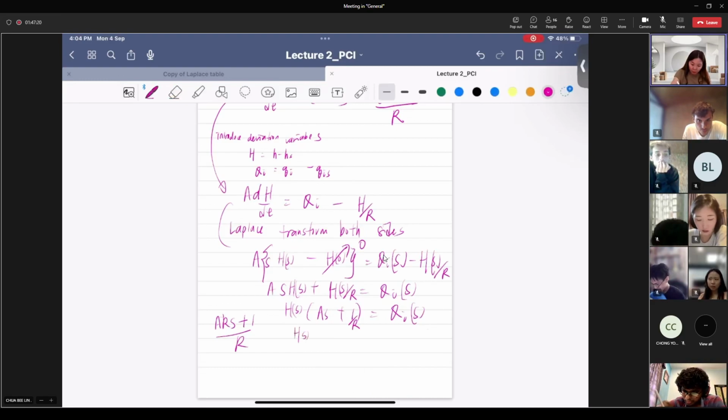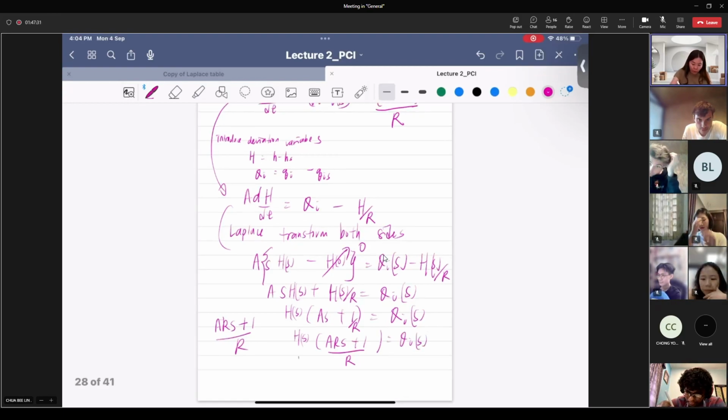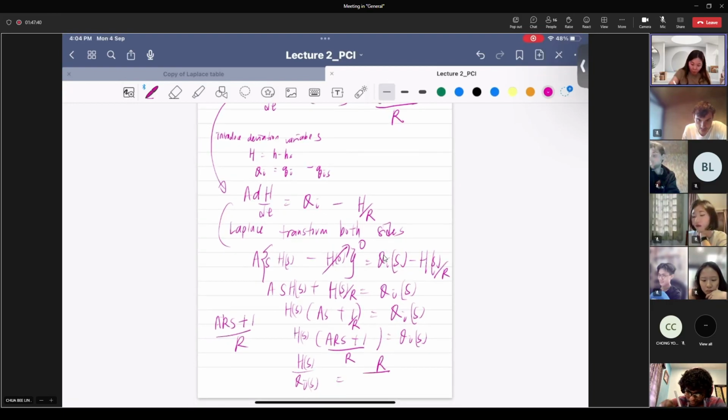So HS times (ARS plus 1) over the R equivalent to QIS. Okay, so you're having HS over the QIS equivalent to R over ARS plus 1, where it is K over tau S plus 1. Okay, so this one is the example 3.